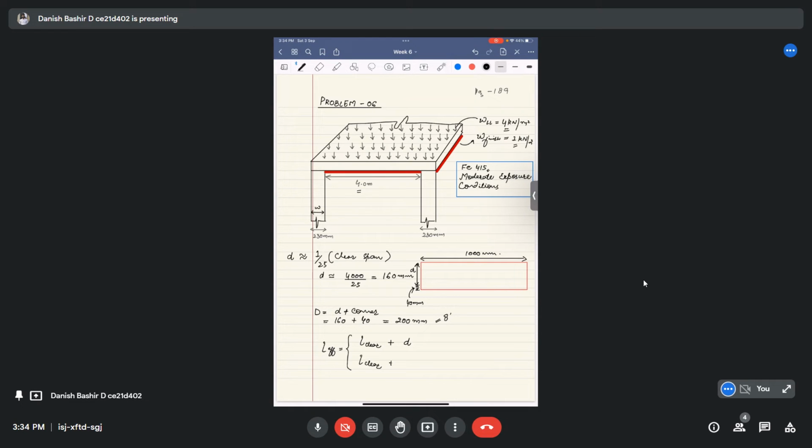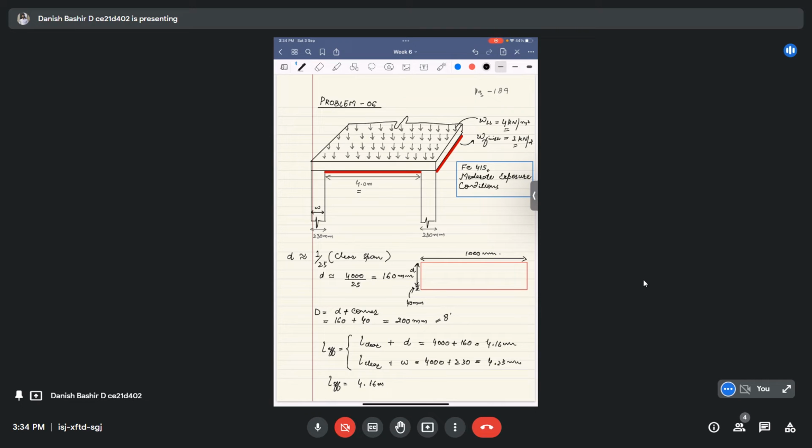Calculating both, we have 4000 mm plus 160, which is 4.16 meters, and 4000 plus 230, which comes out to 4.23 meters. We take the lesser of the two, so the effective span is 4.16 meters.